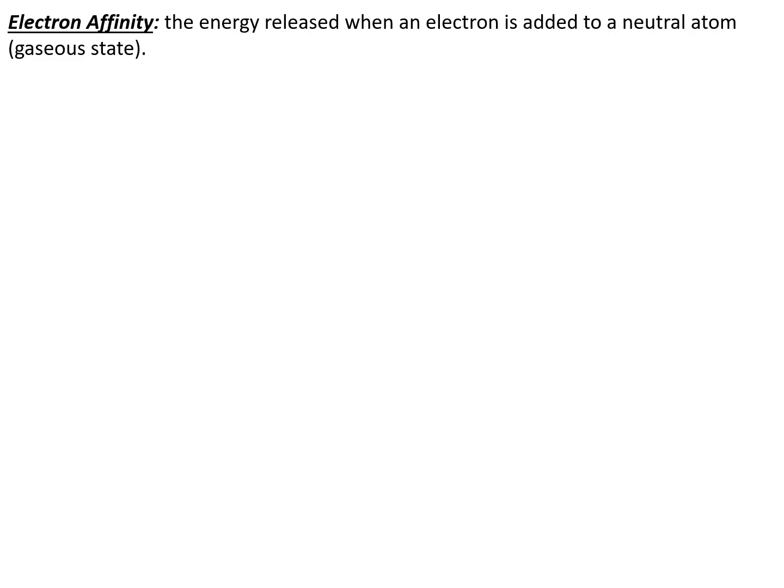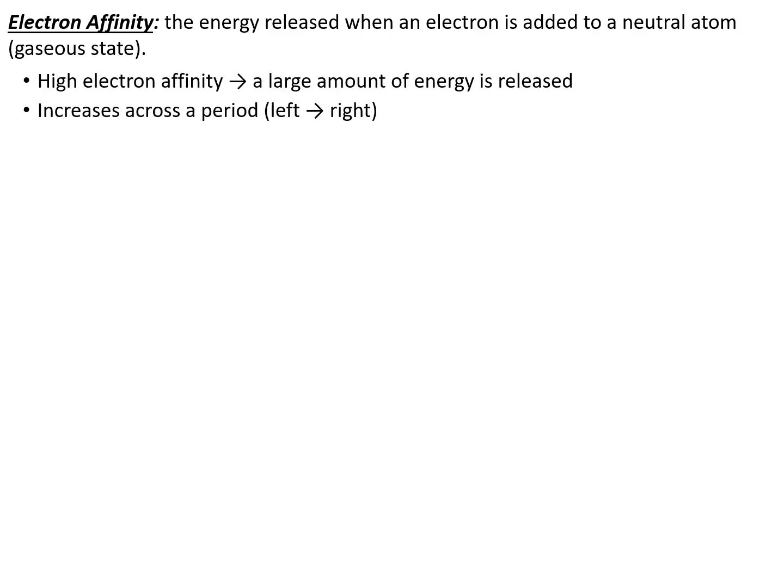Electron affinity is similar to ionization energy, except it's more related to elements that want to form anions. Electron affinity is the amount of energy released when an electron is added to a neutral atom. With ionization energy we are removing an electron; with electron affinity, we are adding an electron.